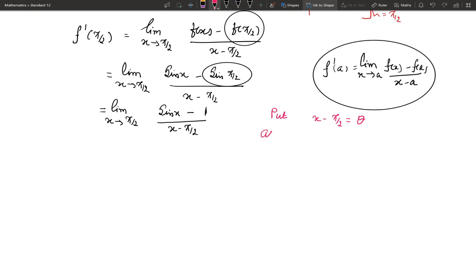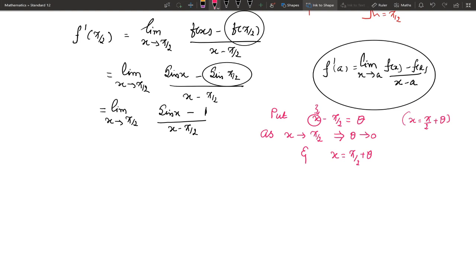So as x tends to pi by 2, theta will tend to 0, because if you put x equal to pi by 2, 90 minus 90, theta will be 0. And x equal to pi by 2 plus theta. So if we get the expression for x, then x will be pi by 2 plus theta.